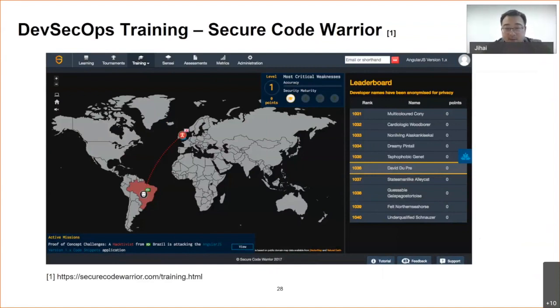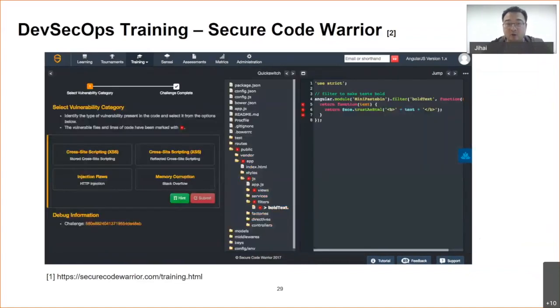For example, in this story, a hacker from Brazil attacks an application in the UK, and the hacker goes through your code because there are potential vulnerabilities in it. At this slide, they ask you to find these vulnerabilities in your code. By using this kind of real case or scenario, it helps people learn cybersecurity knowledge.